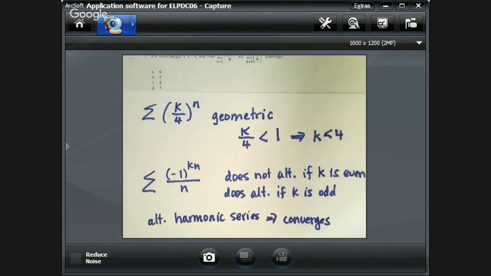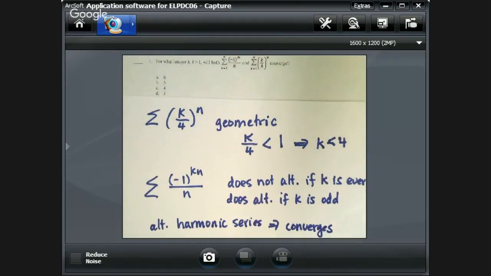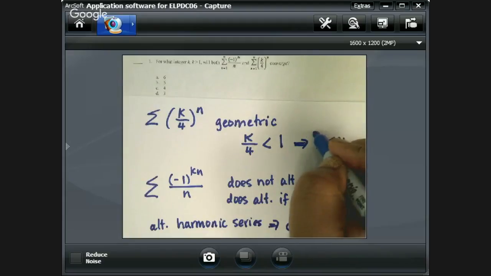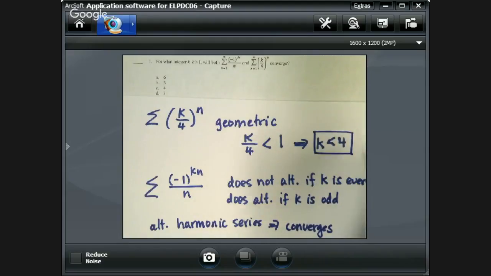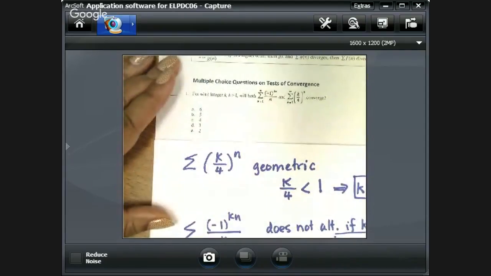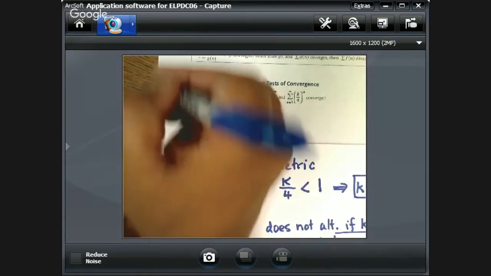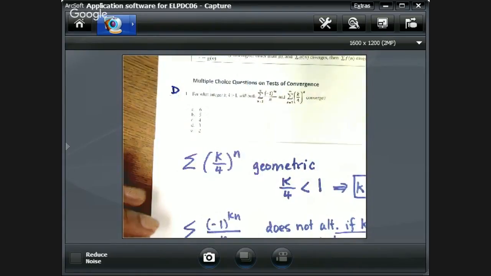So if I want both of them to converge, two things must be true: k must be less than 4, and k must be odd. So that means that the answer to this question must be D. That is the only response with an odd number that's less than 4.